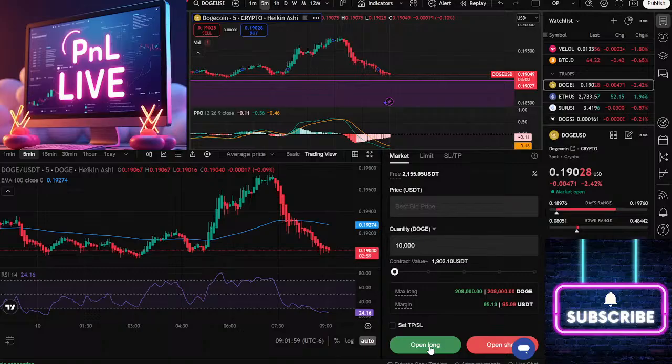So I'm going to set my stop loss somewhere inside the support, but my take profit, I'm going to have it up there about a penny, like 19.8, 19.7.